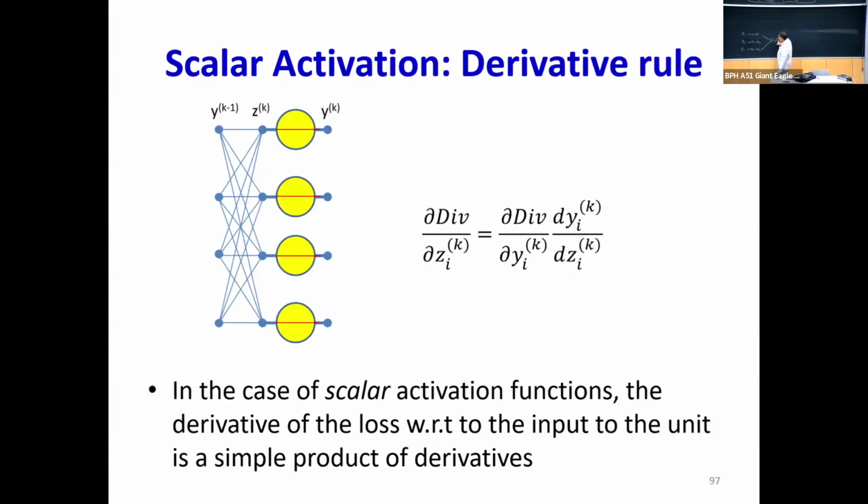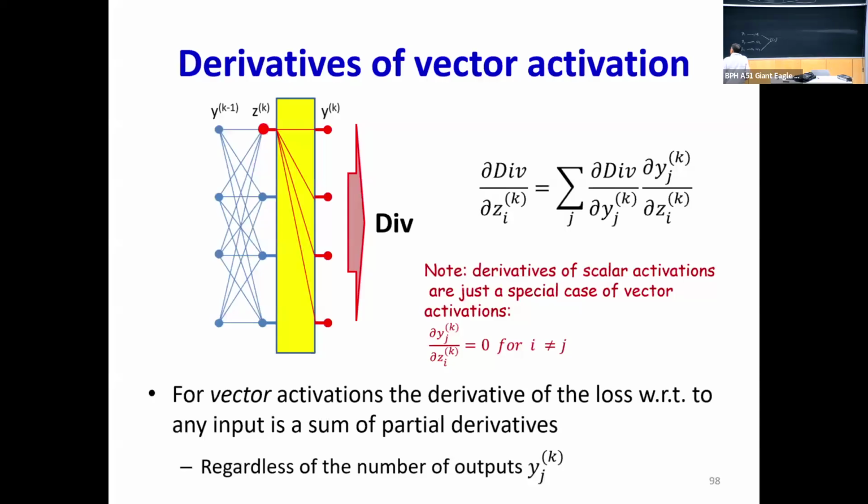So if I want the derivative of the divergence with respect to any particular z, I just need to compute the derivative of the divergence with respect to y, and then multiply that by the derivative of y with respect to z, right? So this is very simple for the scalar activations. Now if I have vector activations, things get ugly, because every z influences every y.